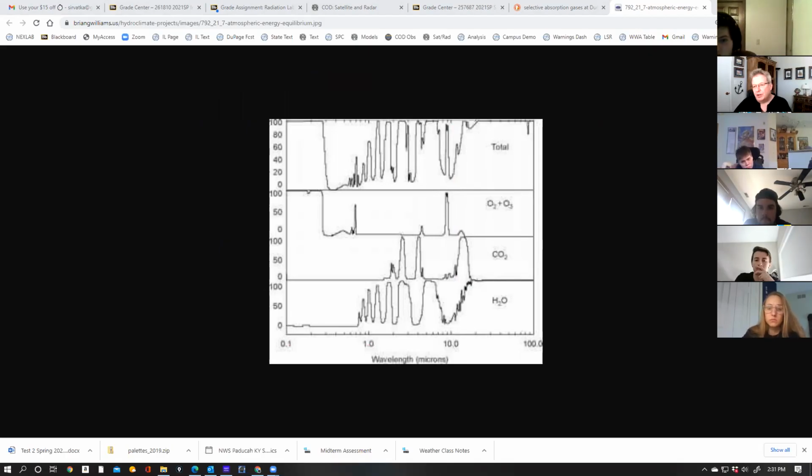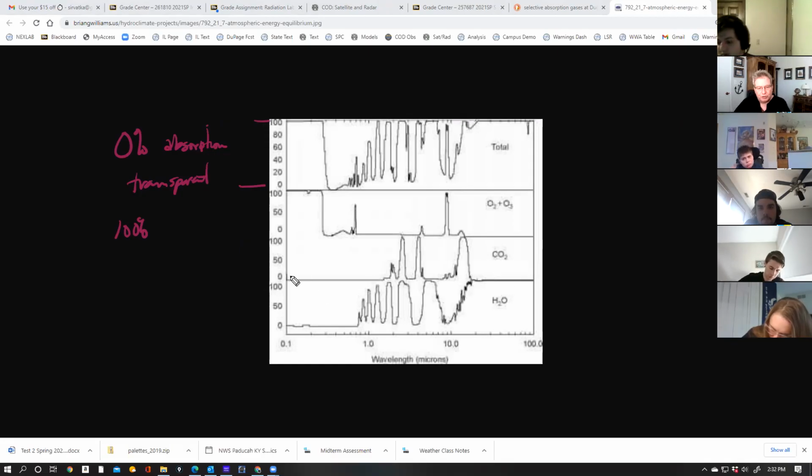Each one of these strips goes from 0 to 100. So 0% absorption is what? Transparent. Transparent. 100% absorption is what? It's totally getting absorbed, right? And it means it's opaque. You're not getting light through it.